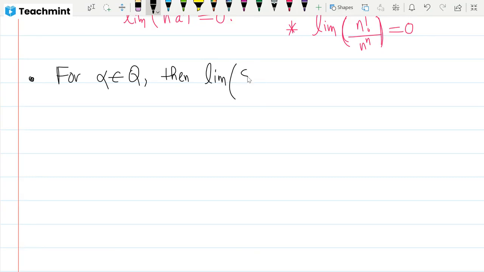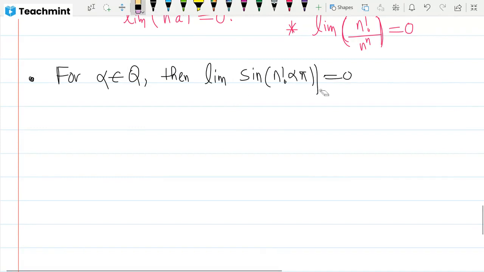So this is quite interesting: sin of n factorial alpha pi. I will give you the options also. So what is the limit?